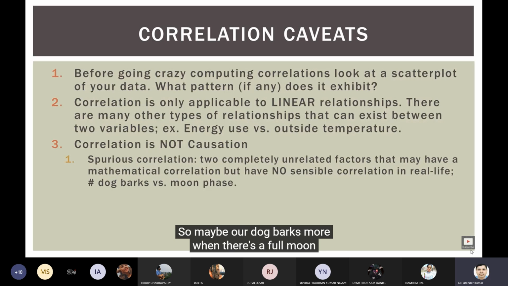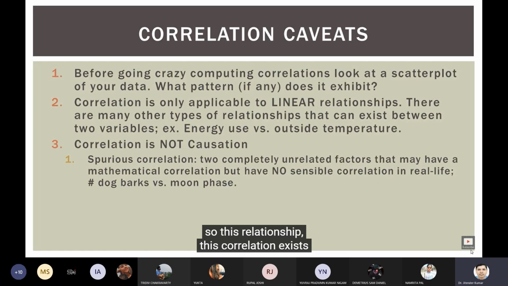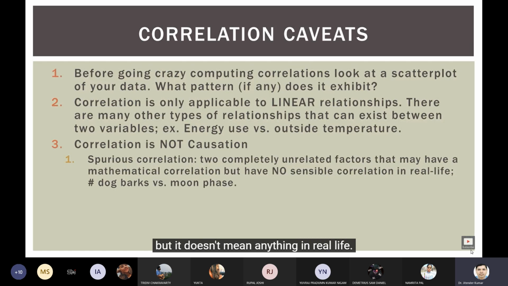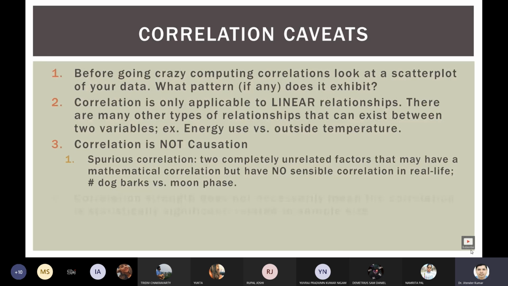So maybe our dog barks more when there's a full moon, and it barks a little bit less when there's a 3/4 moon. It barks a little bit less when there's a half moon. So this relationship, this correlation exists, but it doesn't mean anything in real life. The moon is not causing our dog to bark more or less, and our dog barking is certainly not causing the phase of the moon. So correlation is not causation.